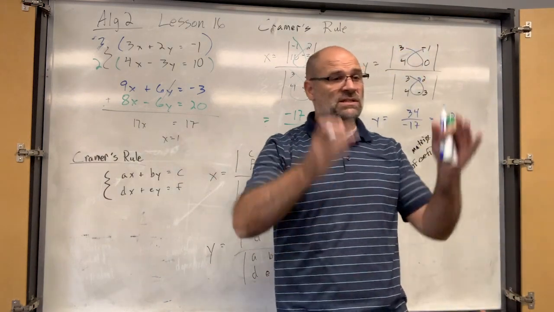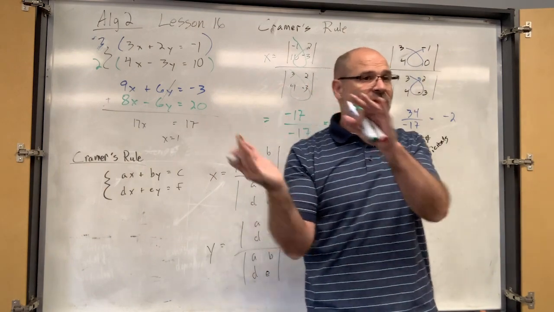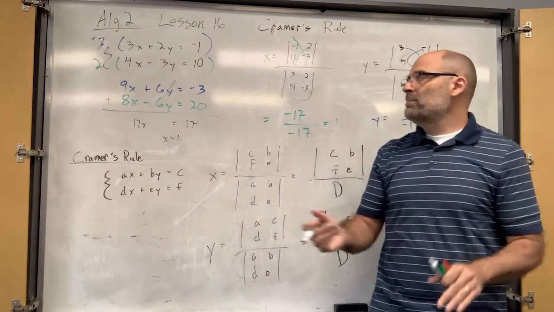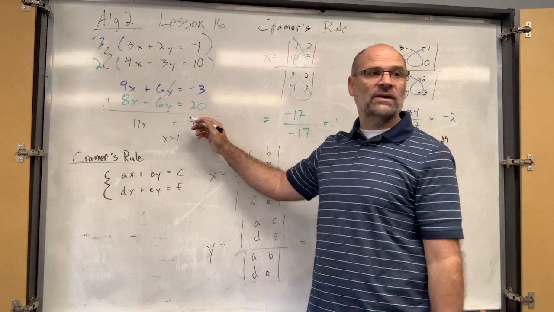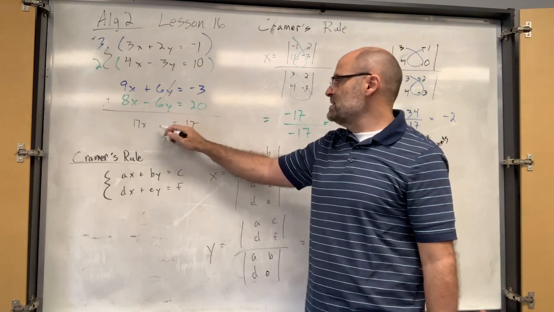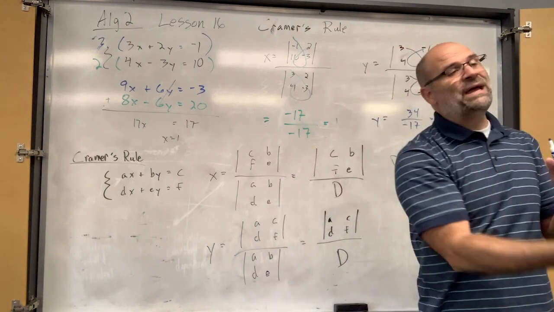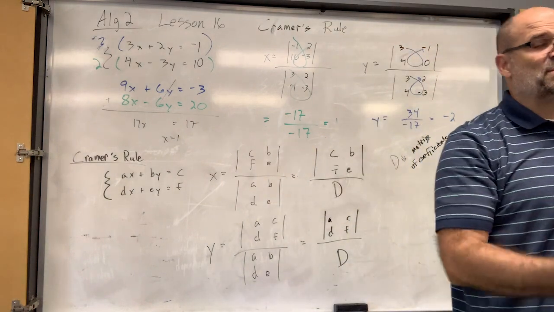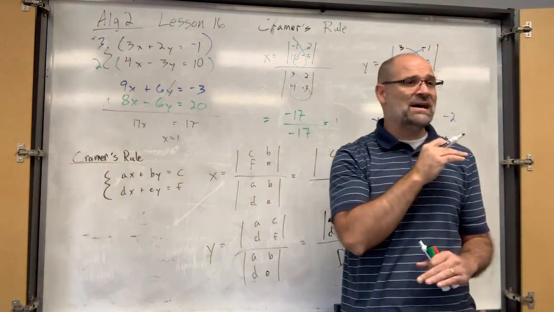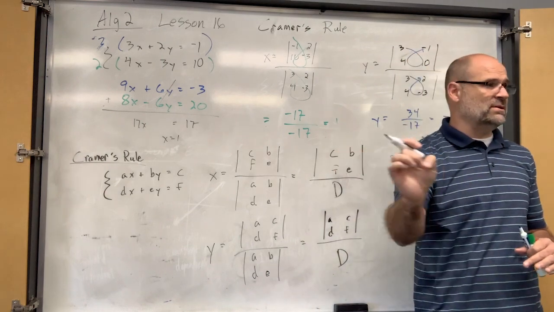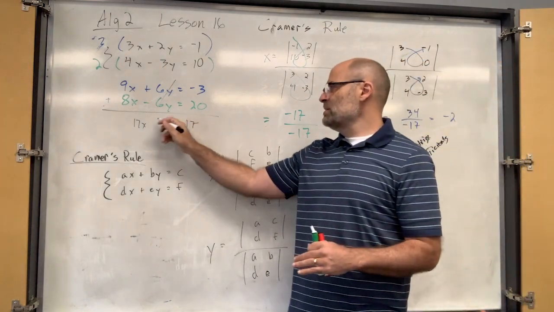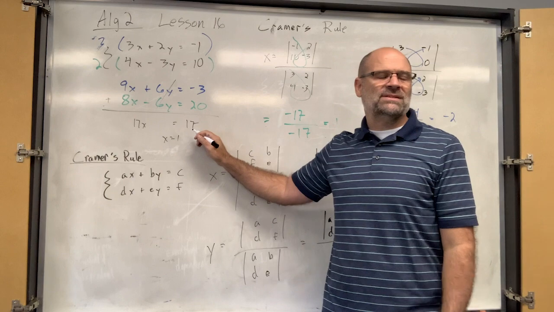That classification is parallel lines. They won't have a solution. But if you cancel both of these variables and you get 0 equals 0, then that's actually a dependent equation, infinite solutions, because no matter what you pick for x and y, 0 will always equal 0. But 0 will never equal 17.